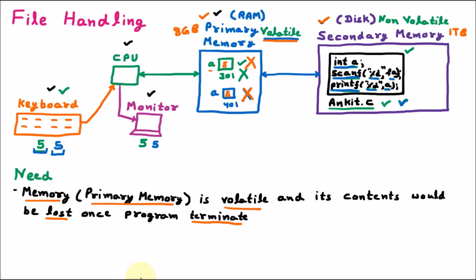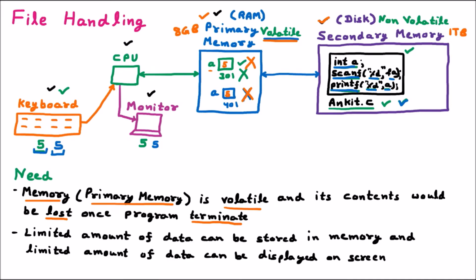So in the primary memory we cannot store a large amount of data. Only a limited amount of data can be stored, let's say 8 GB, as compared to the secondary memory, where we have 1 TB. So the first point is the limited size of memory, and the second is that only a limited amount of data can be displayed on the screen.